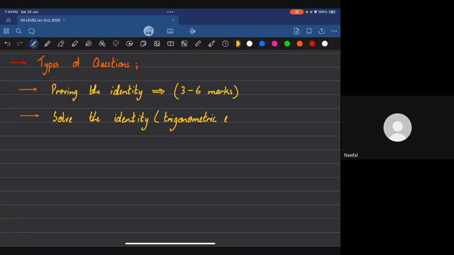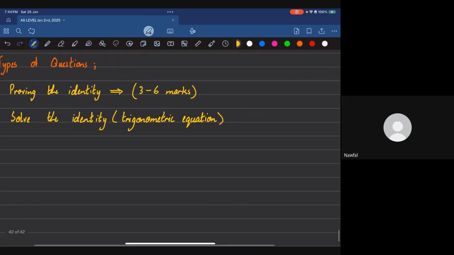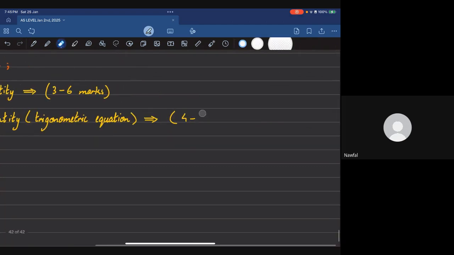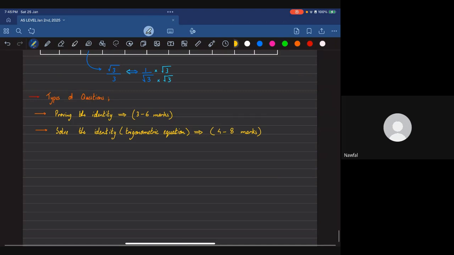Now, this one's a major marker, so 4 to 8 marks, where 4 markers are not that popular. Usually 5, 6 markers are popular in this type of scenario. So he's going to mark you higher on this one because this is obviously a bit more steps than the first one as well.